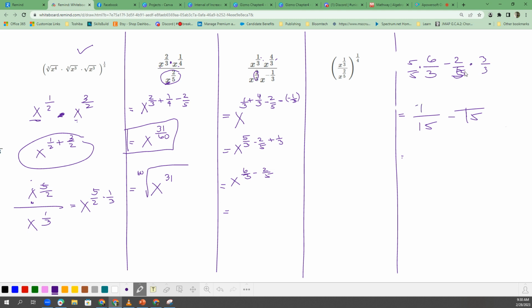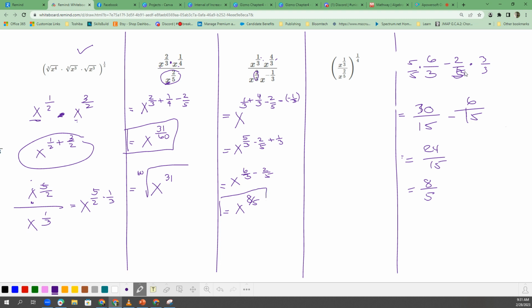That's going to be 25 minus 6, which is 19 over 15. Let's simplify this.